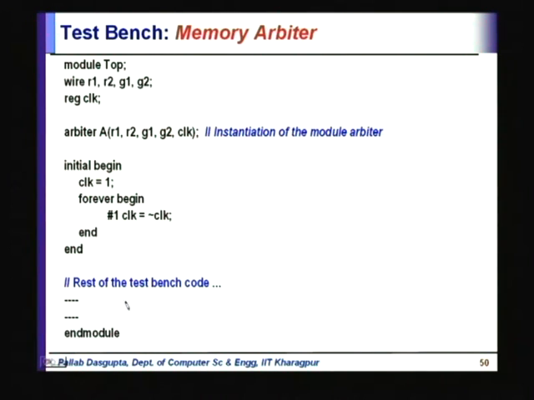So, the rest of the test bench code is where the arbiter gets the requests, right. This is the top module which has the test bench and the instantiation of the arbiter, of the DUT, right, and this is the clocking block.